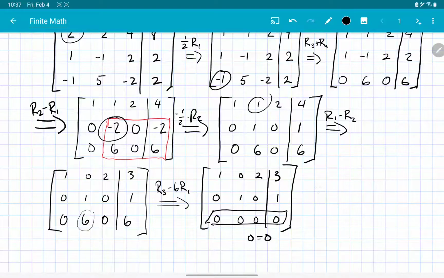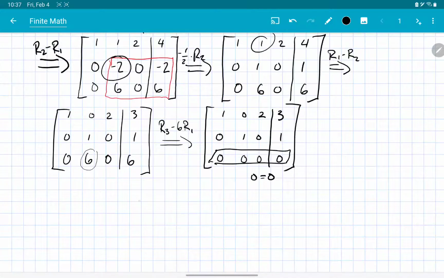Let's rewrite this as a system of equations. This is x minus 2z equals 3. The second equation is y equals 1. And the third equation doesn't exist anymore. 0 equals 0. Right? That's not adding any information.